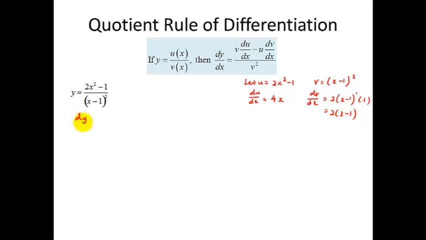Now let's come back here, find dy/dx. Again, applying the quotient rule. v du/dx minus u dv/dx over v squared.